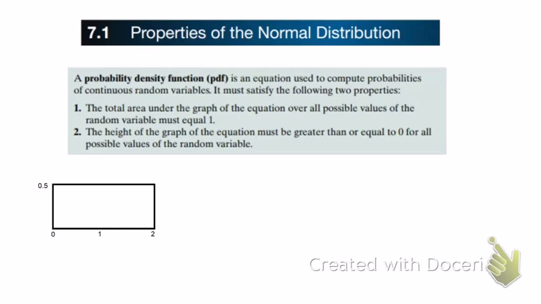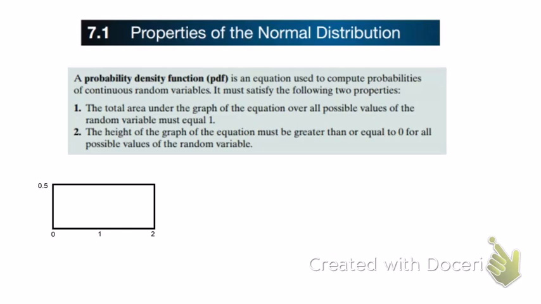So let's take a look at one. This is a drawing of a uniform probability function. Uniform is that everything in there has an equal chance of happening.